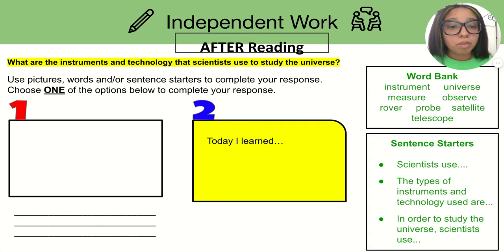You can use words from the word bank such as instrument, universe, measure, observe, rover, probe, satellite, or telescope. You can start your answers with these sentence starters, like scientists use, the types of instruments and technology used are, or in order to study the universe, scientists use.